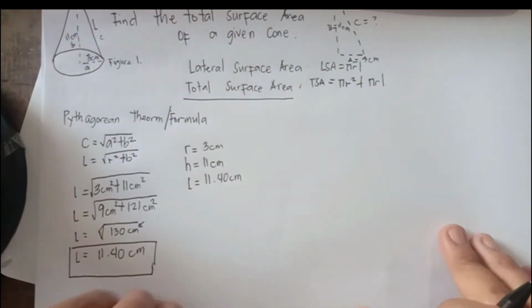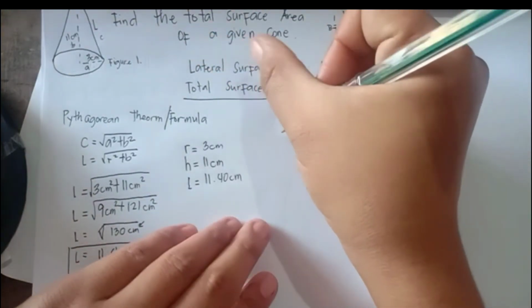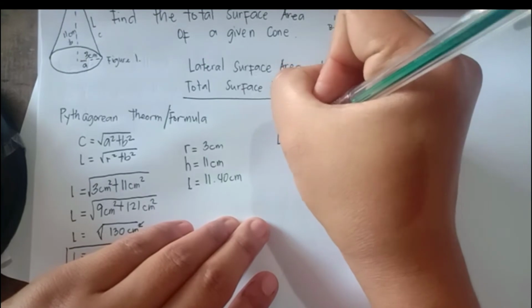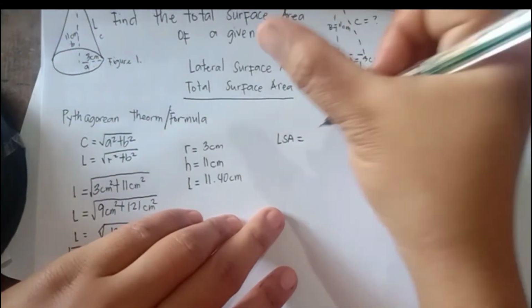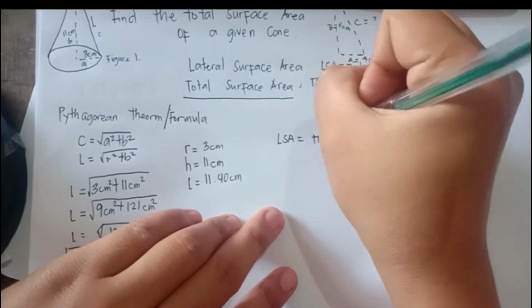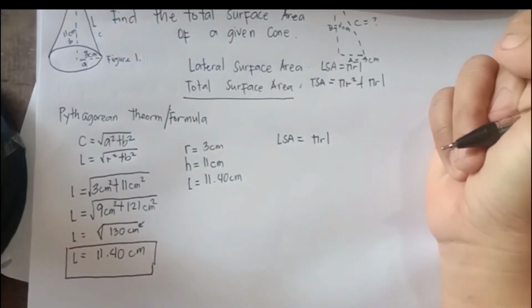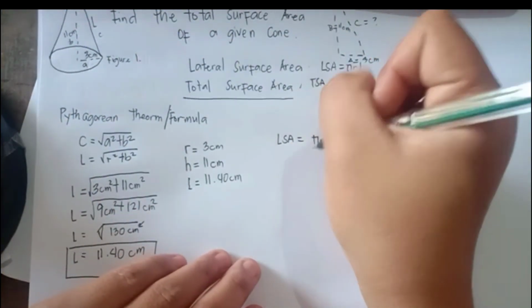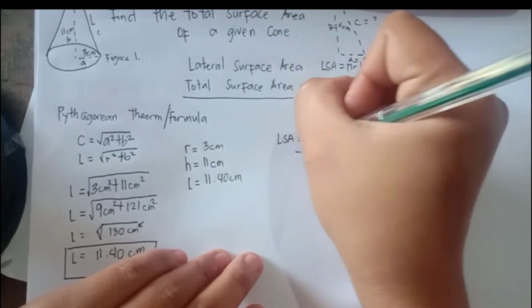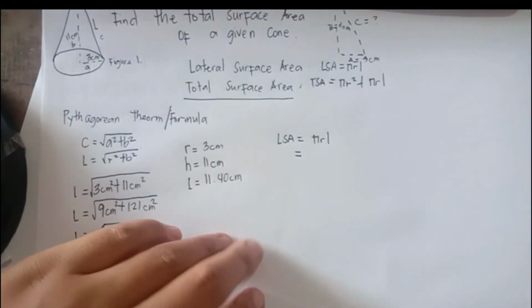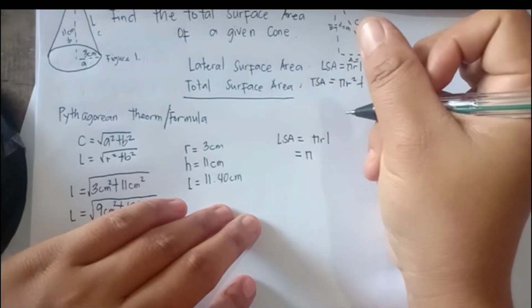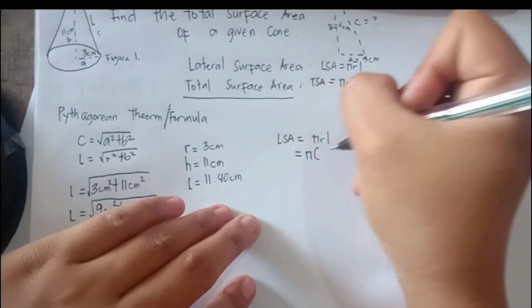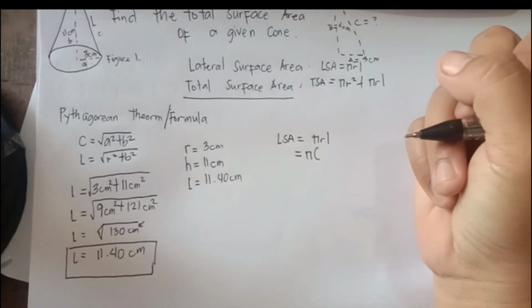So ang ating formula sa lateral surface area is equals to pi RL. Now, let's find the lateral surface area. So, meron na tayong pi. Tapos, ano yung R natin?